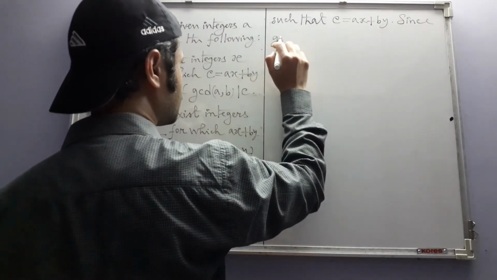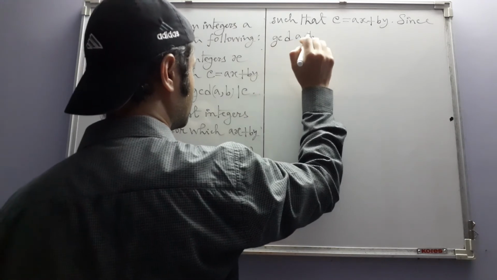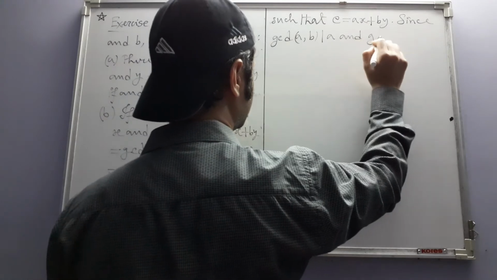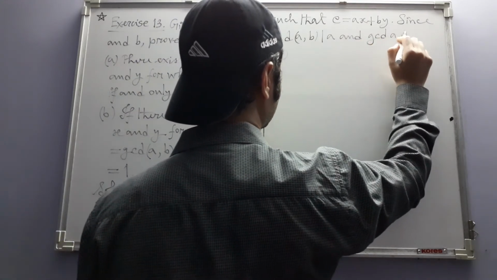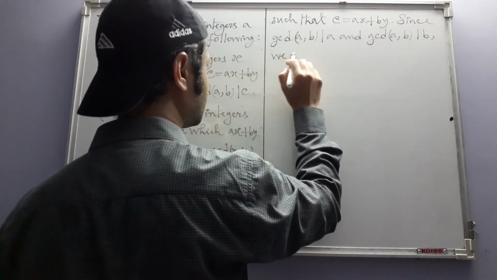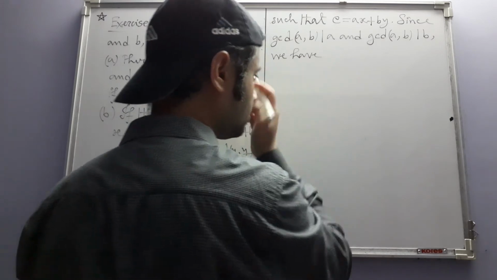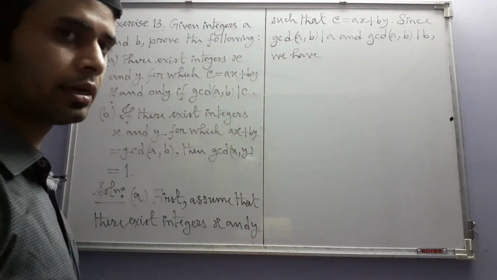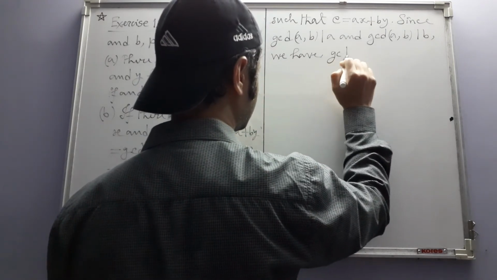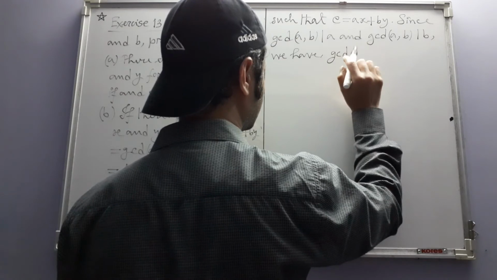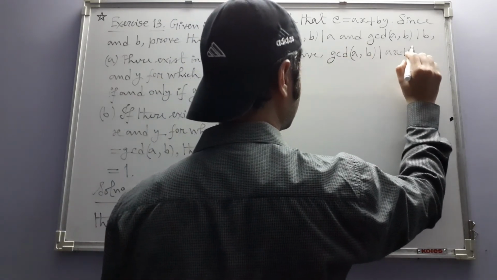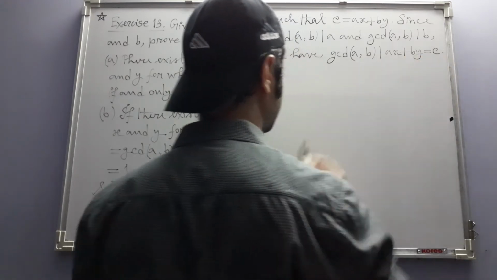Since the GCD divides both a and b, the GCD will also divide ax plus by, by elementary properties of divisibility. Which is c.